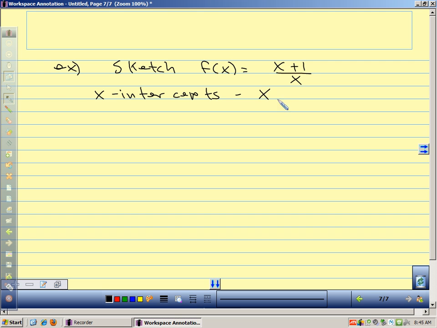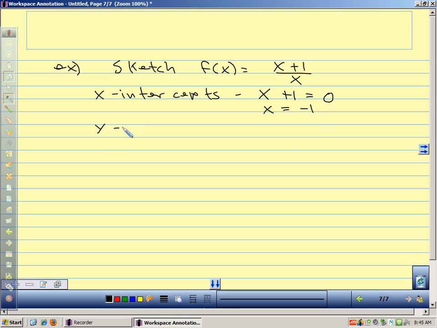So we have x plus 1 equals 0. So our x-intercept is going to be x equals -1, and our y value is going to be 0. So our x-intercept is at x equals -1.